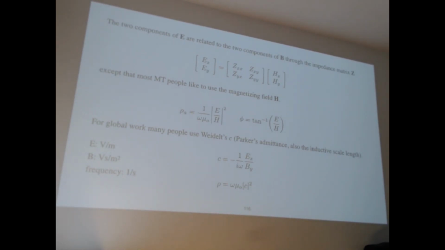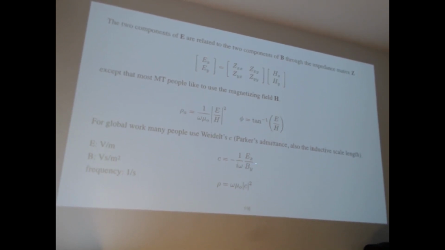If I rewrite all the equations in B, the moment you open the textbook, you're going to be confused. So you just have to track the fact that the MT people like to use H here instead of B, and so the impedance matrix is all defined in terms of H, and so there's a mu naught flip from the top to the bottom.